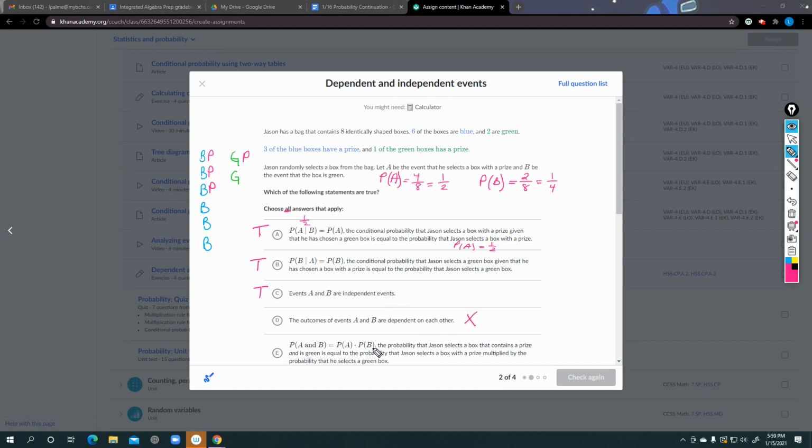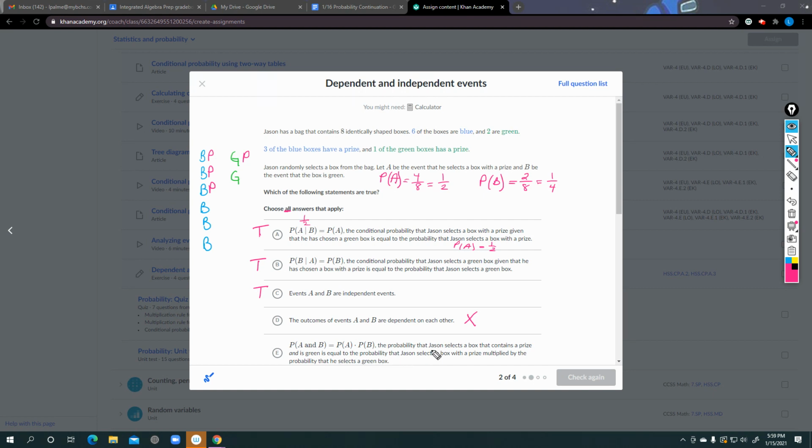So that is false. The probability of A and B equals the probability of A times B: the probability that Jason selects a box that contains a prize and is green is equal to the probability that Jason selects a box with a prize multiplied by the probability that he selects a green box.